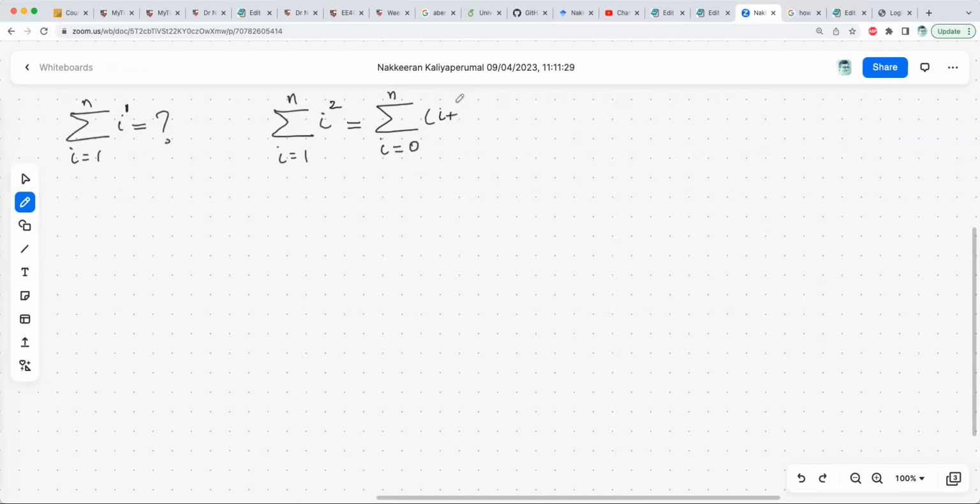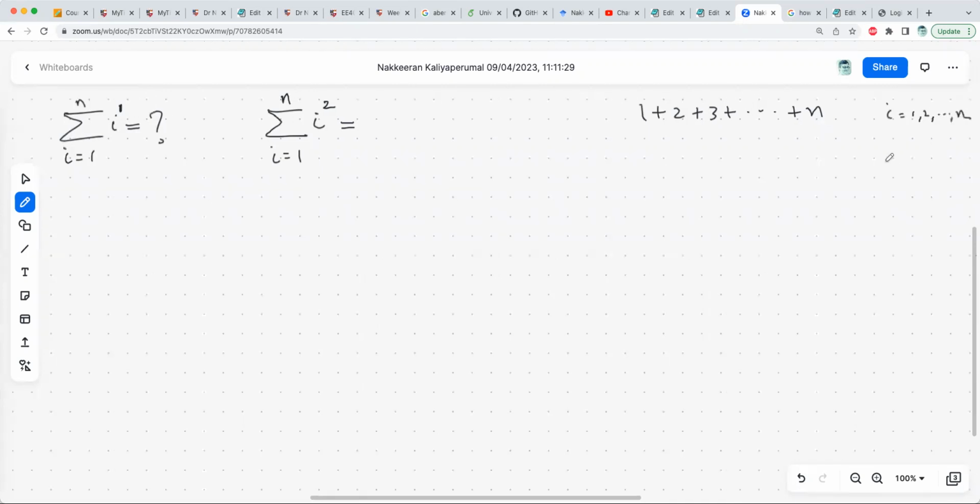Rather, this will be a bit confusing for you. Let me put what I'm doing now. We know that this is actually 1 plus 2 plus 3 plus up to n, right? Yes, uncle. So if this is running from 1 all the way to n, that is what the summation will look like.